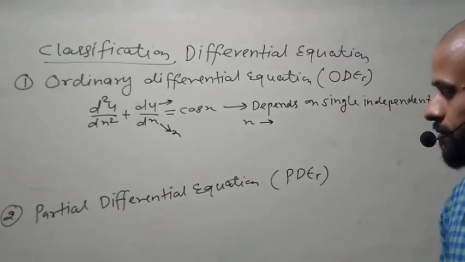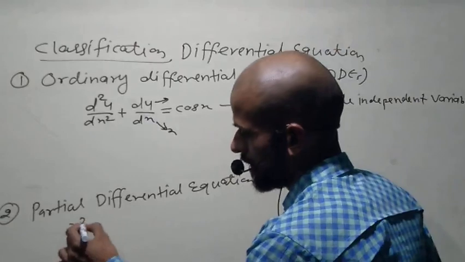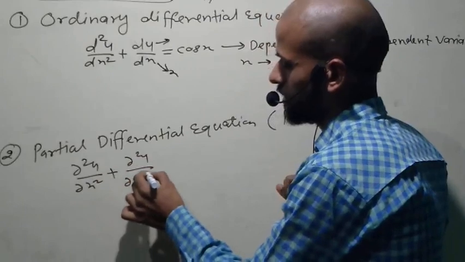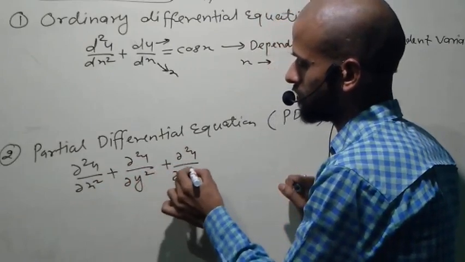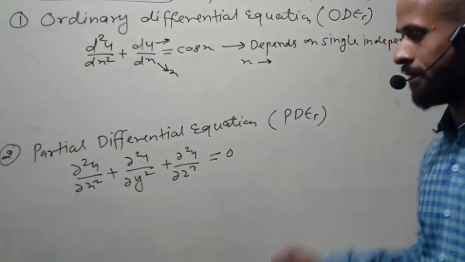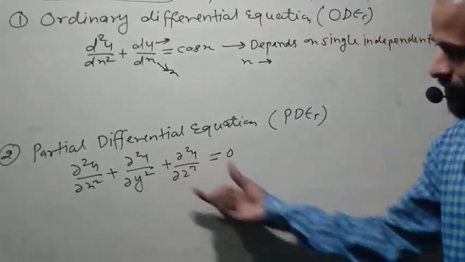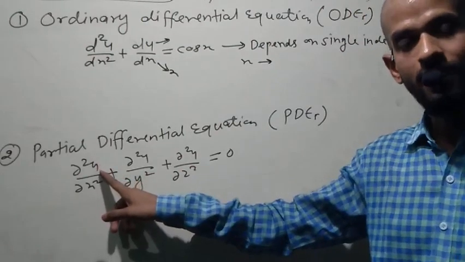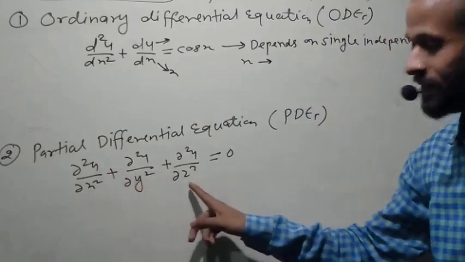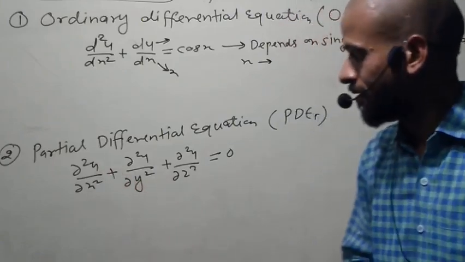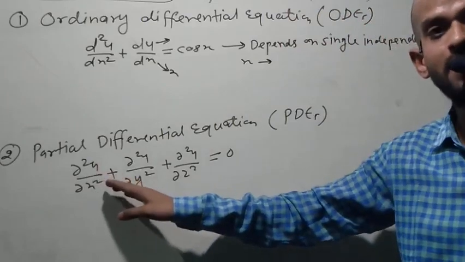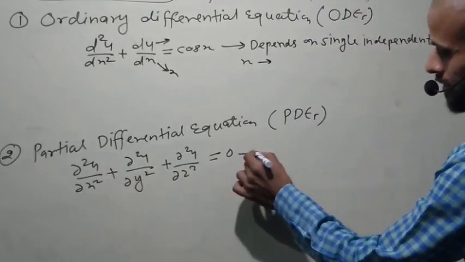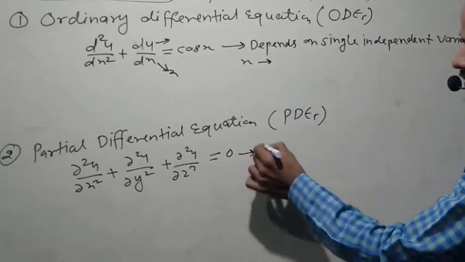Okay, now another example is del 2u by del x square plus del 2u by del y square plus del 2u by del z square is equal to 0. This is the Laplace equation. In this equation there is one dependent variable u and three independent variables x, y and z. So we can say that the function u depends on three independent variables x, y and z.